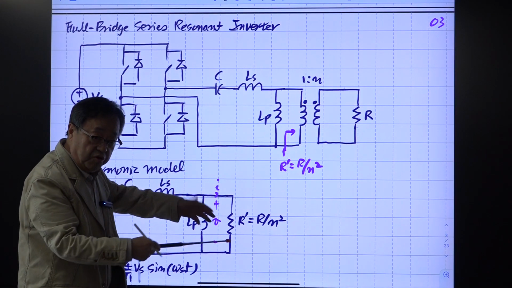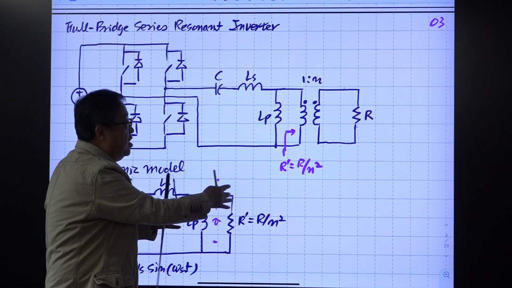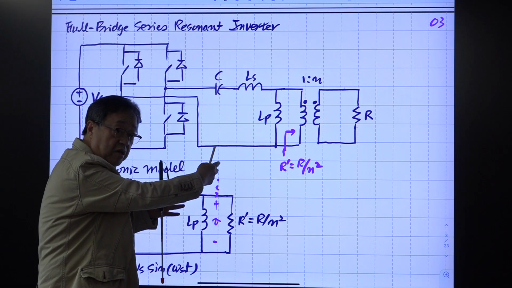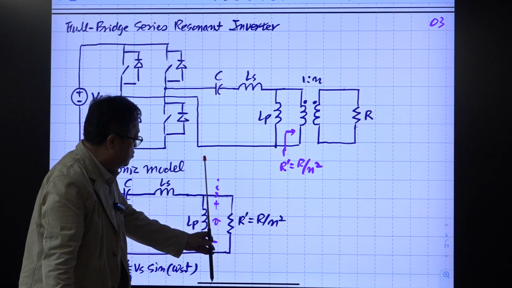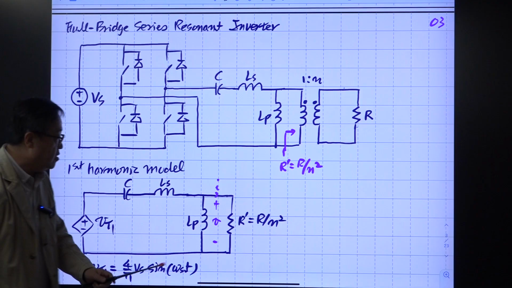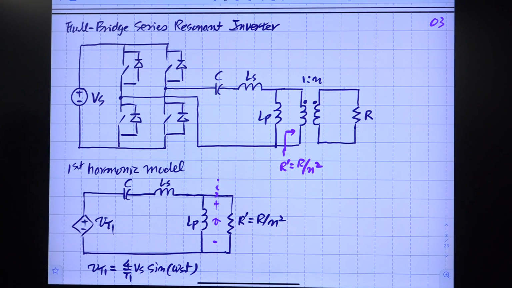But sometimes we use this notation interchangeably, right? But you won't be confused by this. So we use this VT1, the fundamental component of this tank voltage, and this is just the coefficient of the Fourier series of the fundamental component of this square wave. Okay, so you remember this, 4 divided by pi is here.